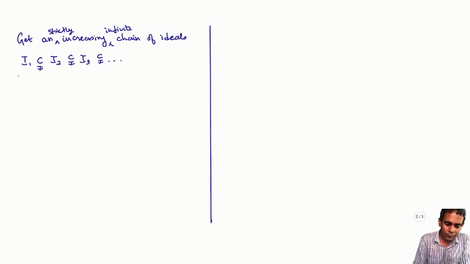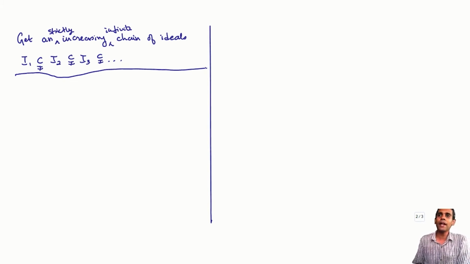Okay, now the fact is that this kind of thing does not happen in most rings that we come across in number theory or in algebraic geometry. So this condition was made somewhat abstract by Emmy Noether, who may be considered the mother of ring theory. She was one of the pioneers in abstracting properties of rings, and she came up with this condition called the ascending chain condition on a ring.